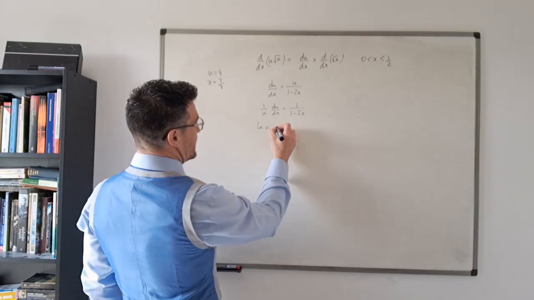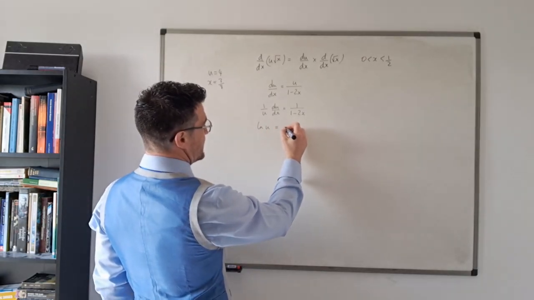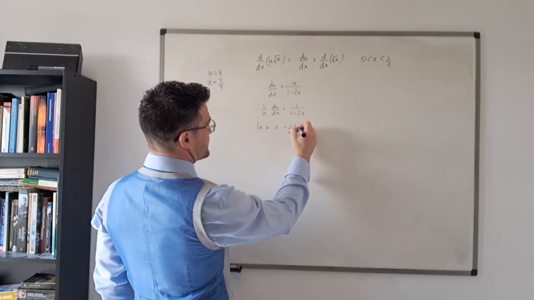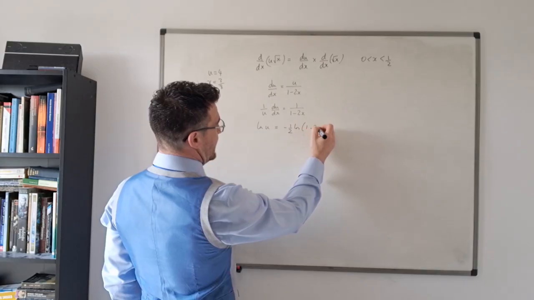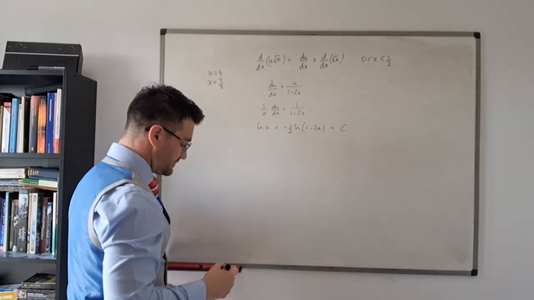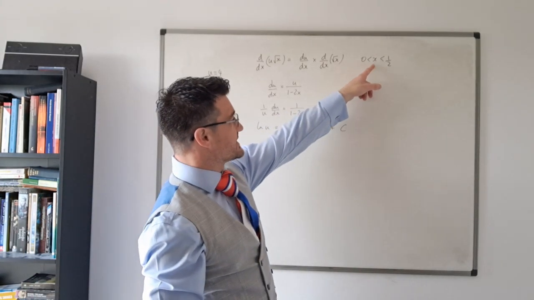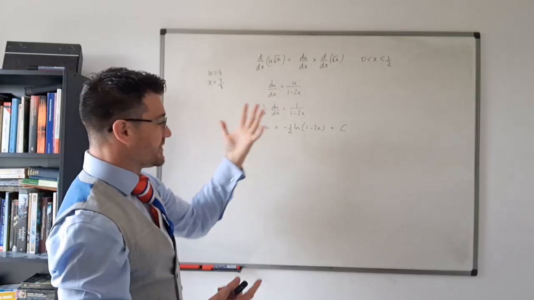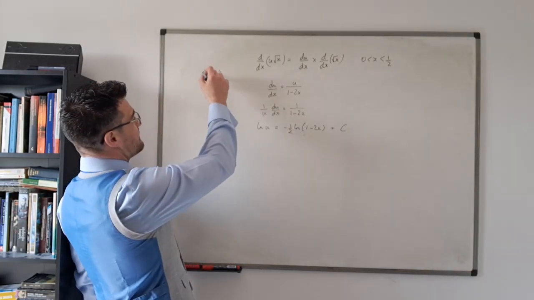So I'm going to suppress the modulus symbols, and this is going to be minus a half natural logarithm of 1 minus 2x, again suppressing the modulus symbols, plus c. Definitely don't need modulus here because 0 is less than x is less than a half, so this is always going to be positive anyway. Okay, so we've got this information here.